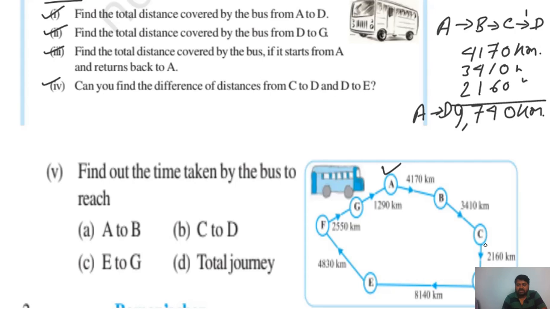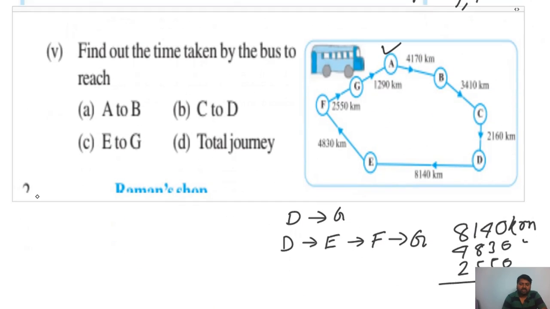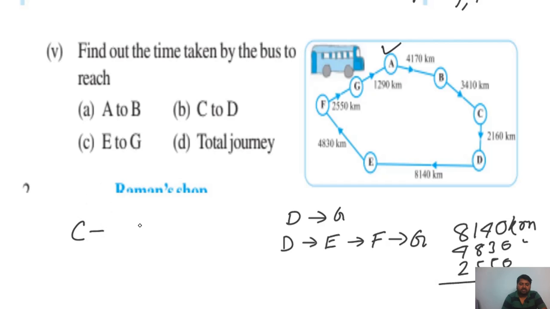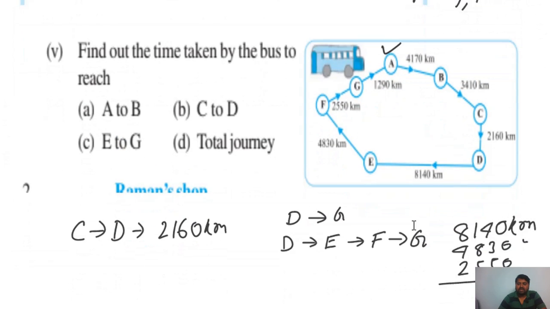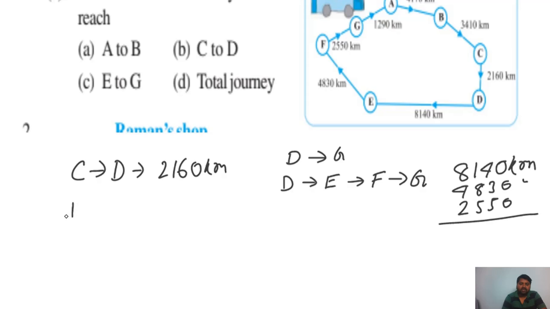For C to D we get 2,160 kilometer, and D to E the distance is bigger, 8,140 kilometer.